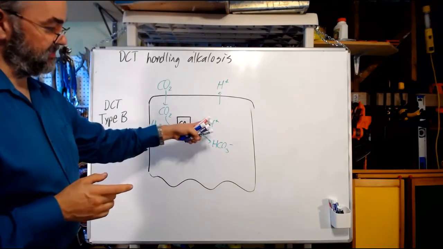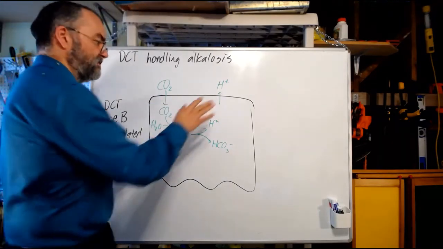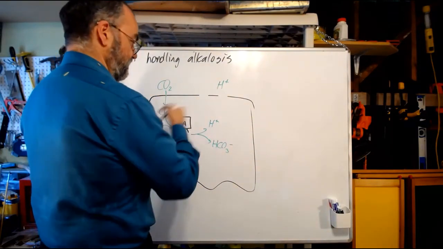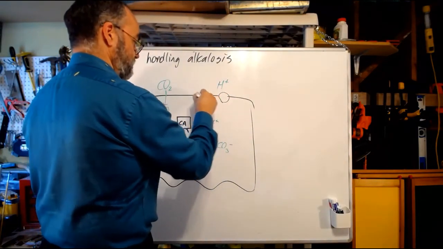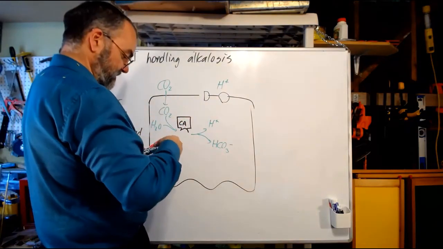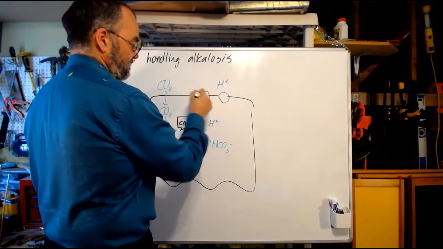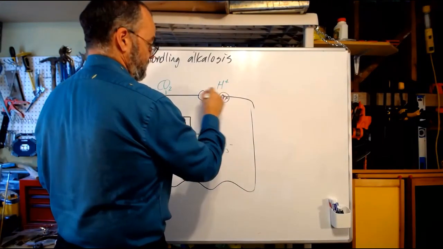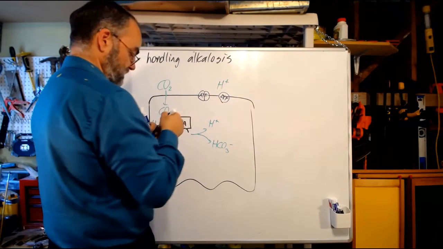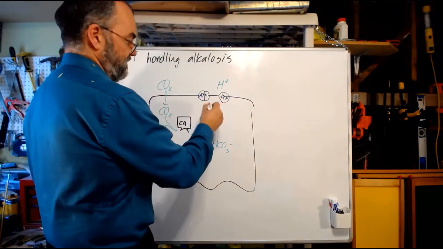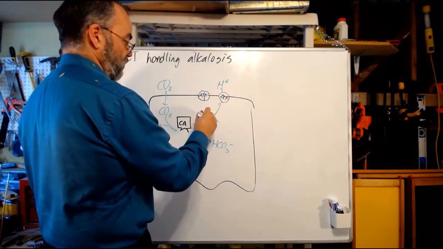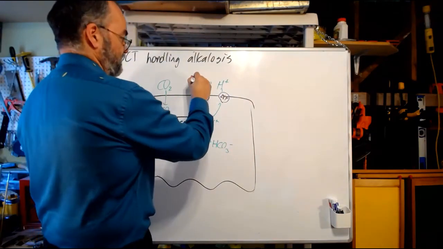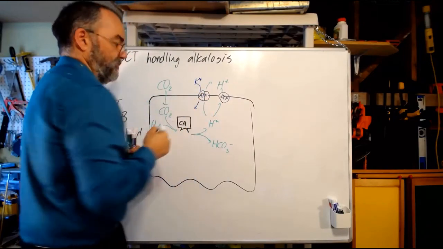Now my goal is to get that proton out of here. Well, let's see. What ways do I have to move protons out of this cell? I seem to remember hearing something about a couple of ATPases that could do that. Either a proton ATPase or a proton potassium ATPase.